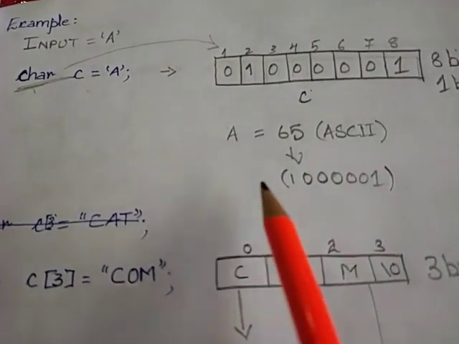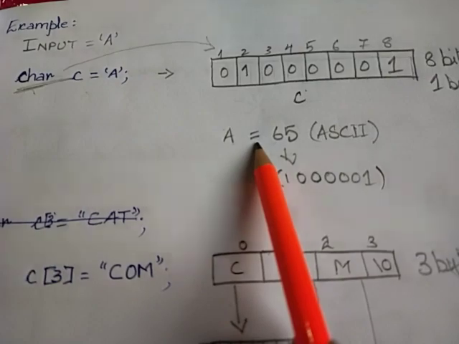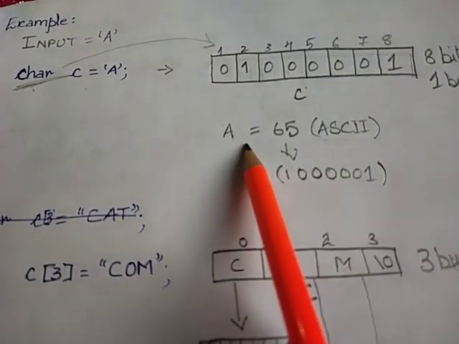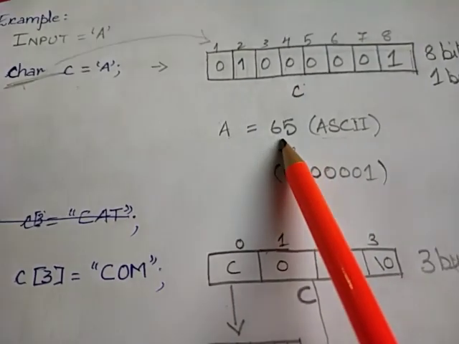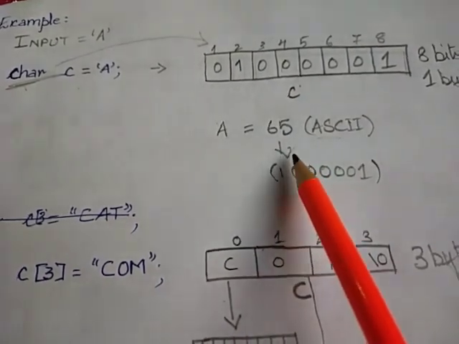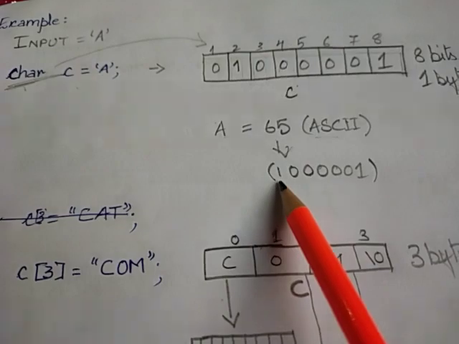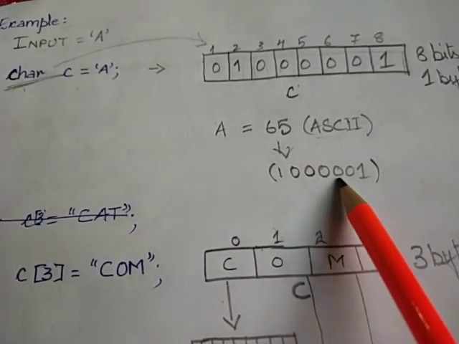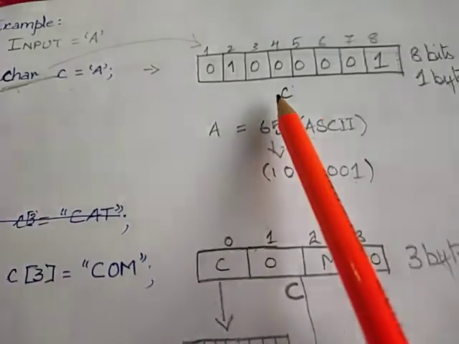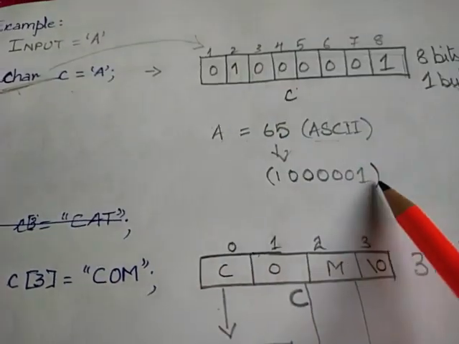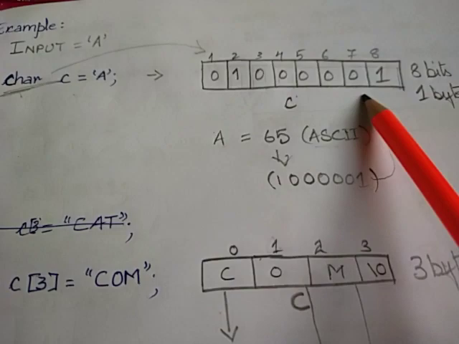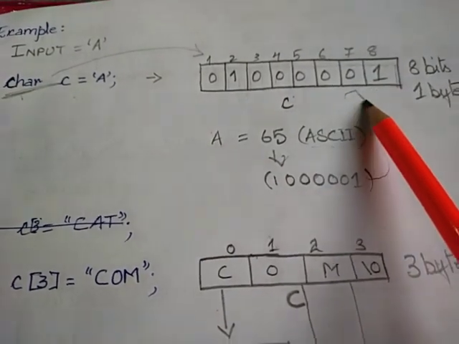So over here, this A needs to be converted to ASCII code, and the ASCII value of A is 65. Now this 65 will get converted to a binary number, and that value is what? 1000001. So in this location, it will not store the value of A, but it will store what? The binary value of A.